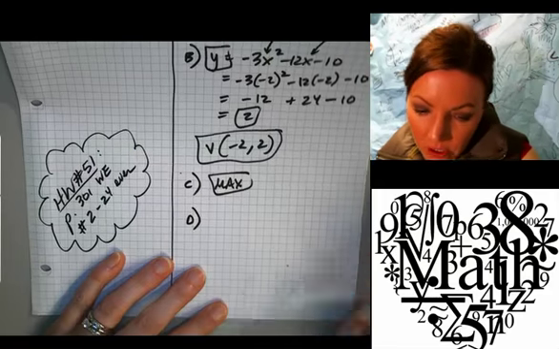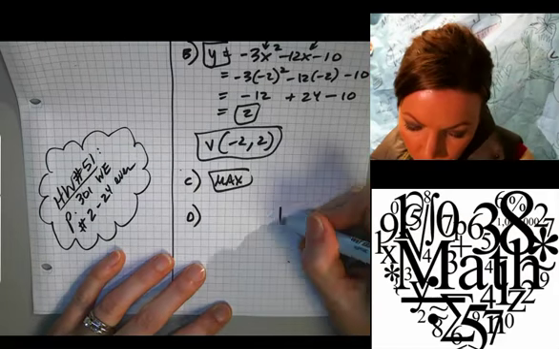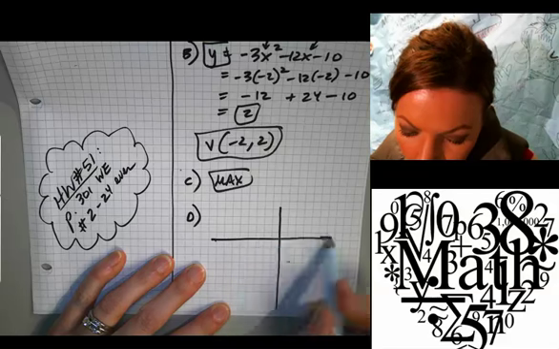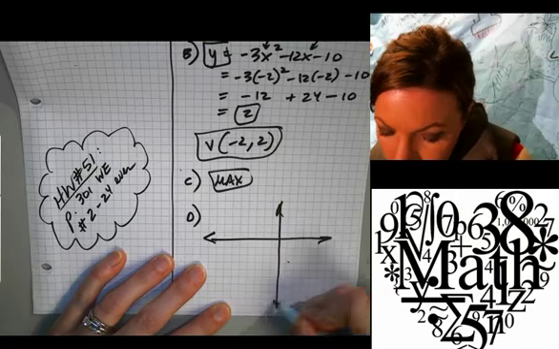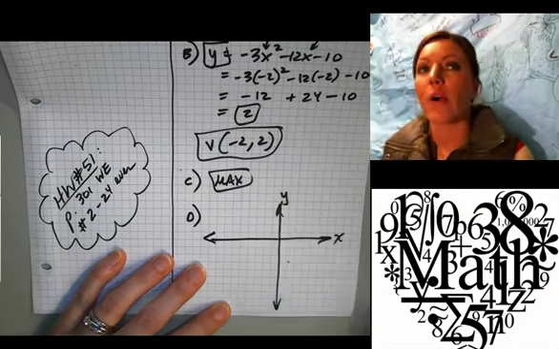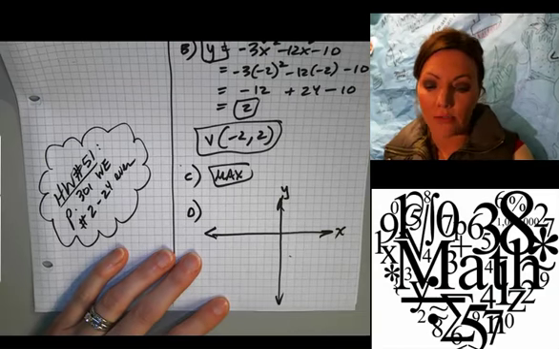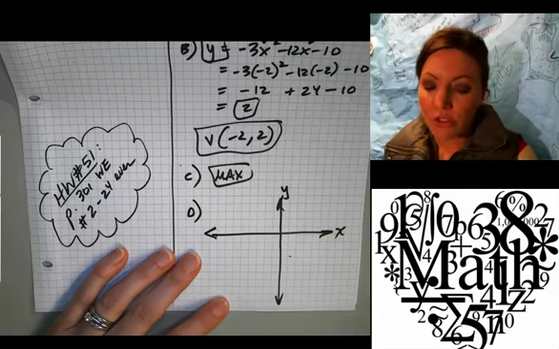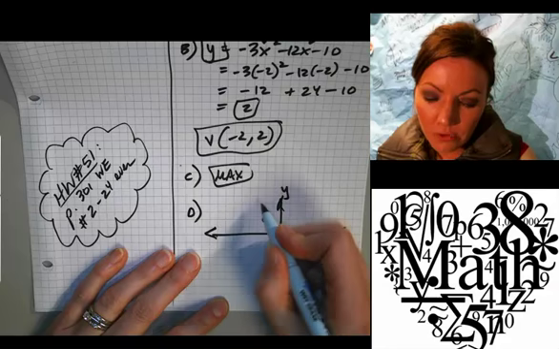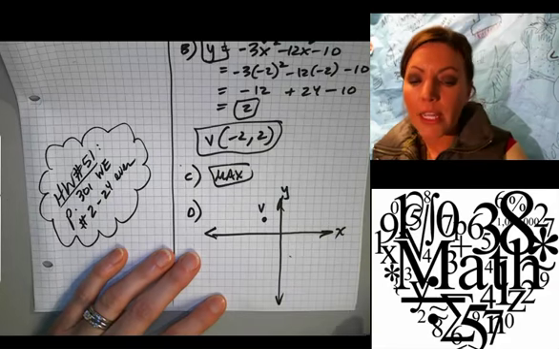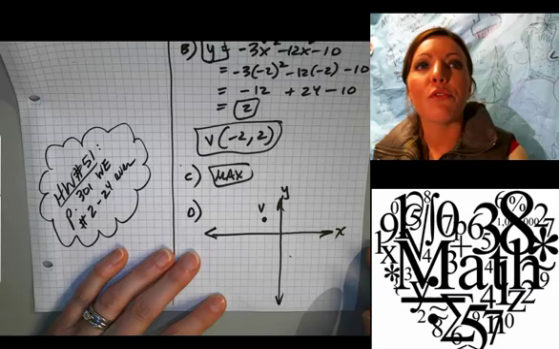So the last step is to graph. Negative 2, positive 2. Make sure you all can see that. Somebody start me out in graphing this. What is the first point that I graph? Negative 2, 2. So I go left 2, up 2. That's the vertex. Then from there, if our A is negative 3, what do we do?